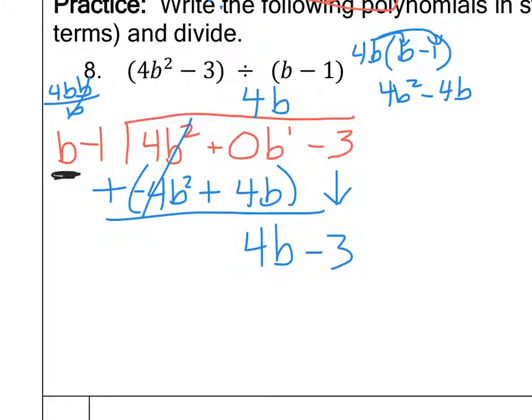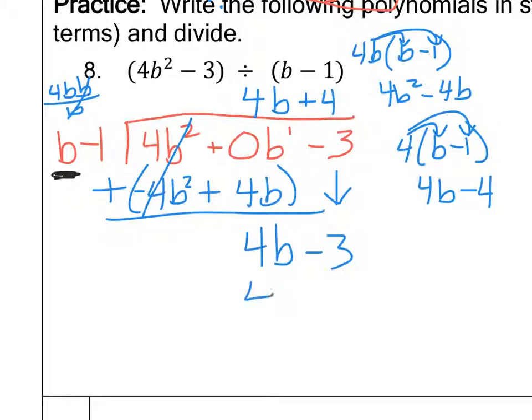Okay, again, start the process over. How many times does b go into 4b? Well, it goes in 4 times. So plus 4. And now we have to multiply our plus 4 times our b minus 1. So 4 times b minus 1, double rainbow. I've got 4b minus 4.